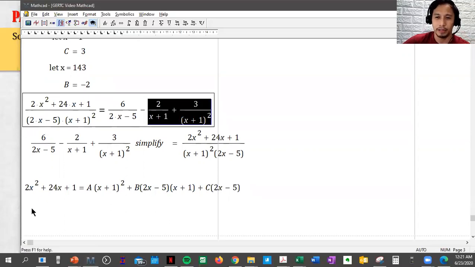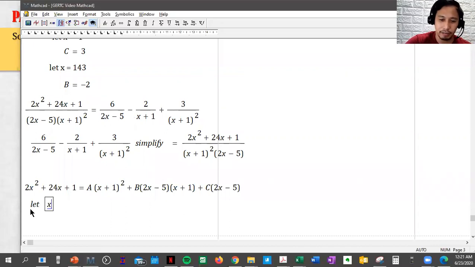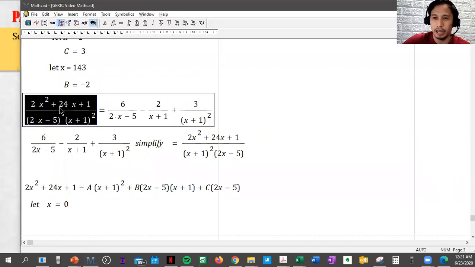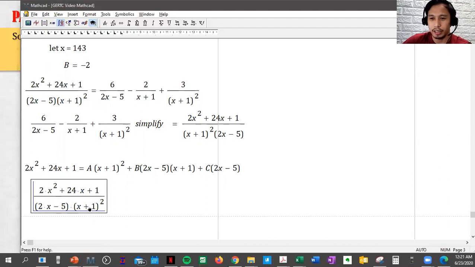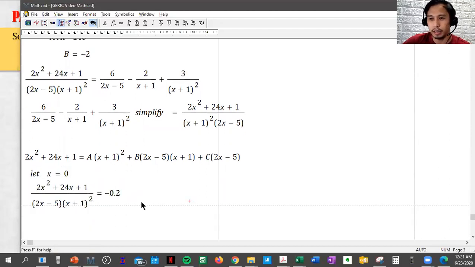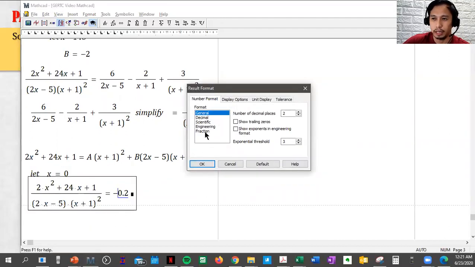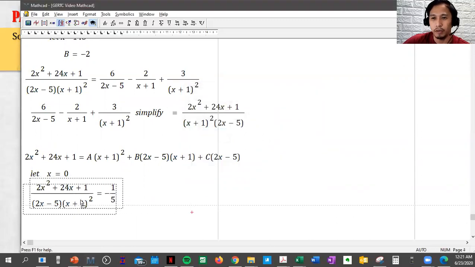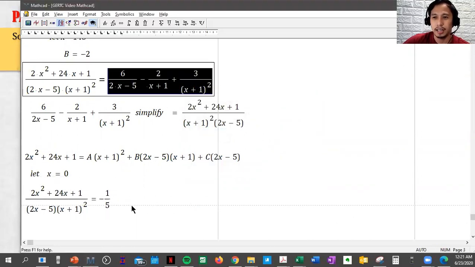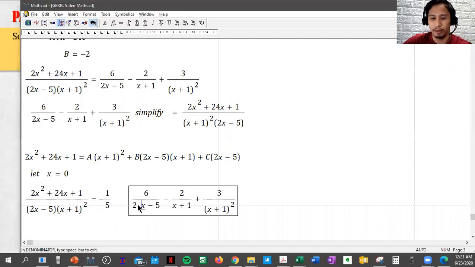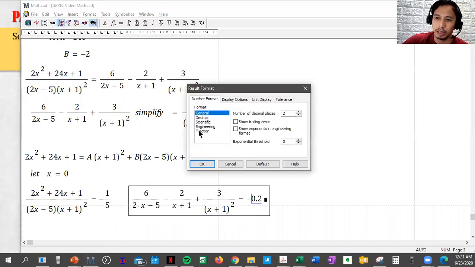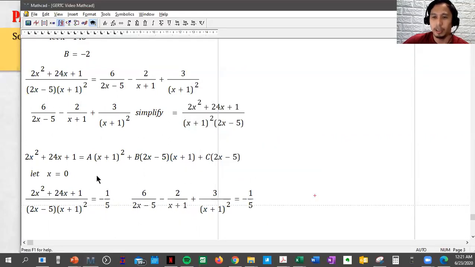Let's try. Let x be equal to 0. The right side becomes, let me make that a fraction, negative 1/5. And the left side is negative 1/5. If I make this 2, the same.